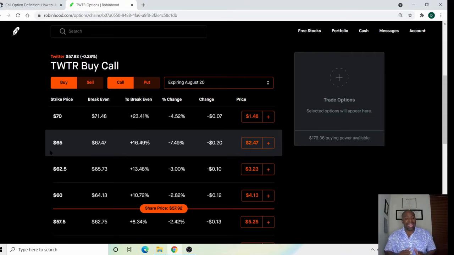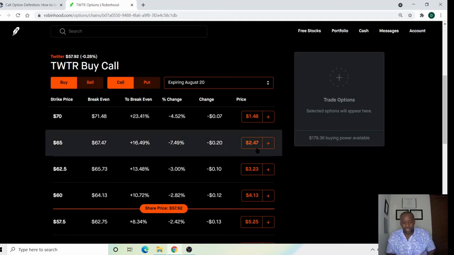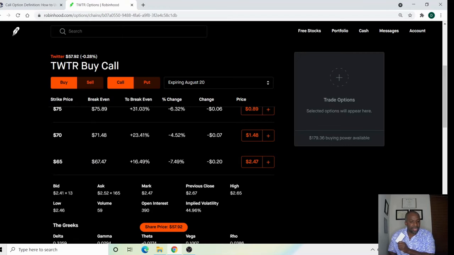Now, let's say you buy the $65 strike and it just starts to run. It gets to 70, 75, and you're only in July and it's already at 75. Well, now the cost of the contract will actually be a lot more. It wouldn't be $247. The cost of the contract would be somewhere around $7, $8. Let's go for sure, I can tell you 33 cents on every dollar.